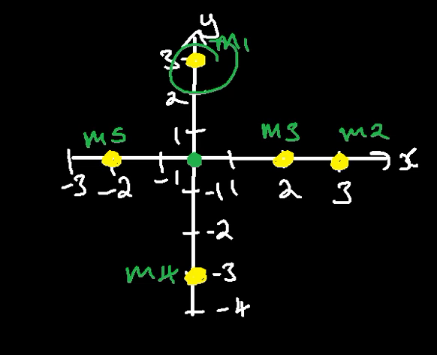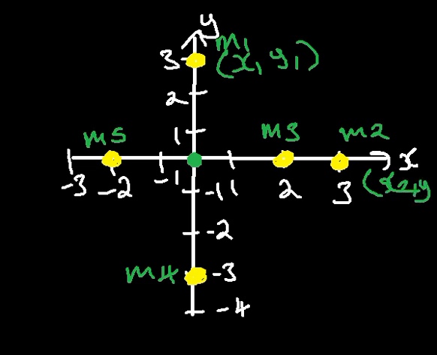So now, let's say the coordinates at the point of object M1 are given as x1 and y1. At the point M2, we have the coordinates x2, comma, y2.